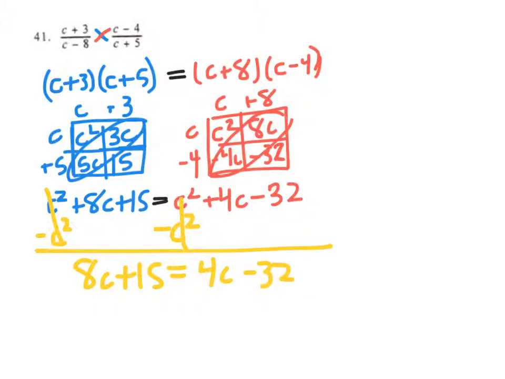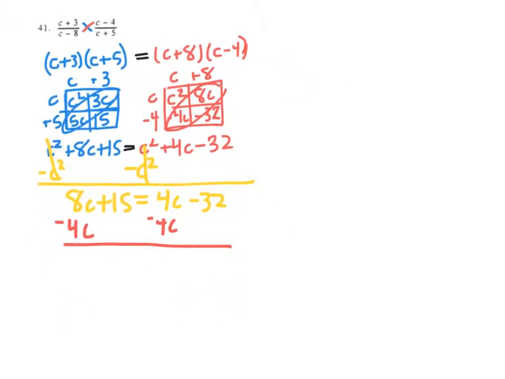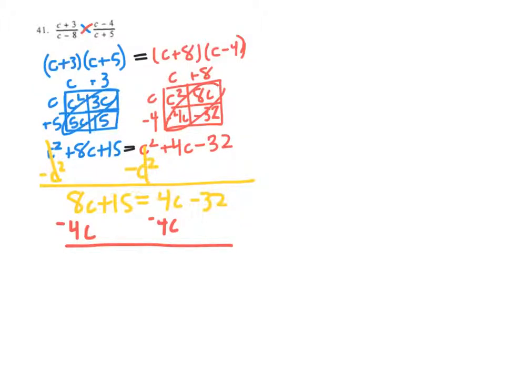I'm going to go ahead and move my 4c by subtracting it from both sides. Let's use a pen and not a highlighter for that though. Minus 4c, minus 4c. When I do that, I am left with 4c plus 15 equals negative 32.